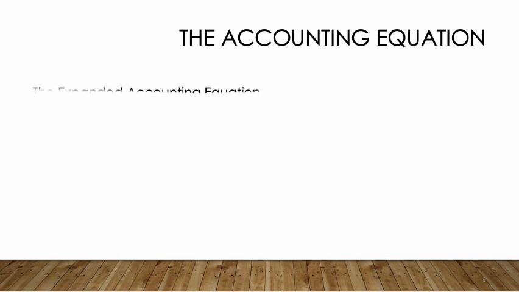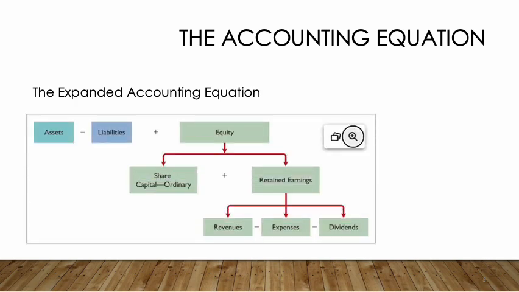So now then, I would like to introduce what I will call the expanded accounting equation. And so that basic accounting equation, assets is equal to liabilities plus equity, it still stands, it still exists. But we can see here, I've expanded out the equity portion of the equation.